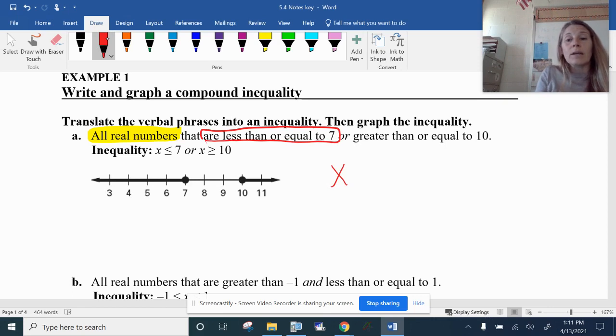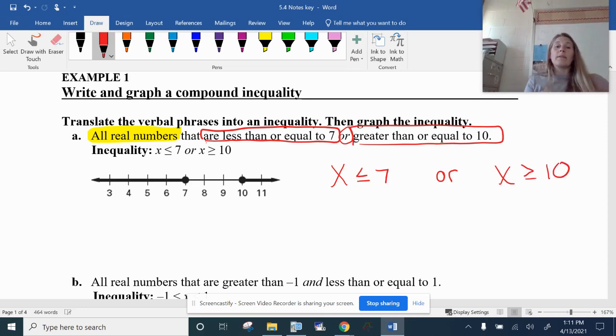So x is less than or equal to 7, or it could be greater than or equal to 10. So notice, even though it just said all real numbers once, I saw the or, so I knew I was going to have two separate problems. So I did all real numbers that are less than or equal to 7, or I did all real numbers that are greater than or equal to 10. So I had my two separate inequalities.